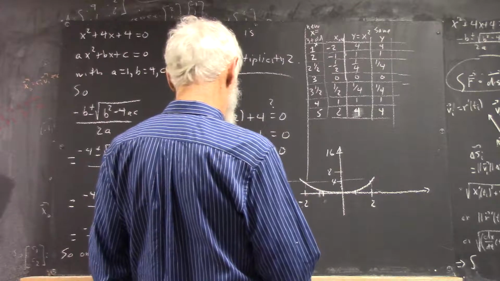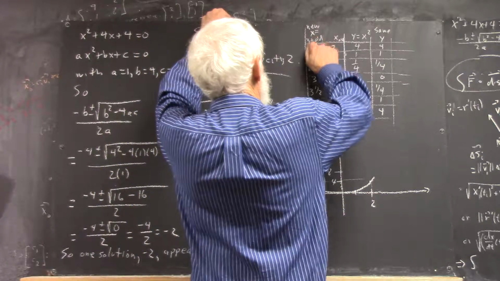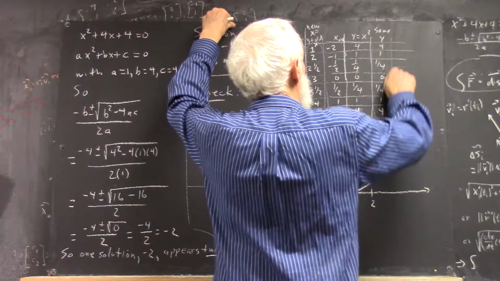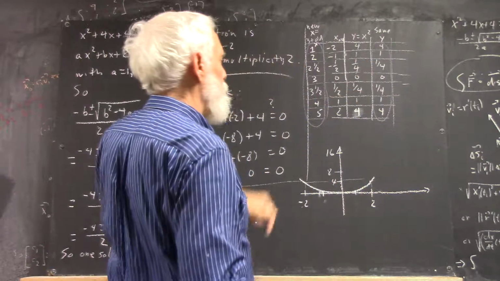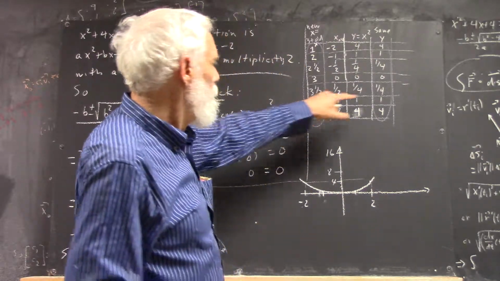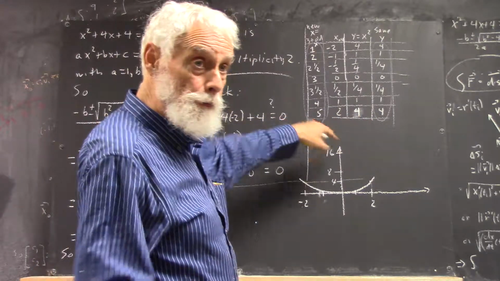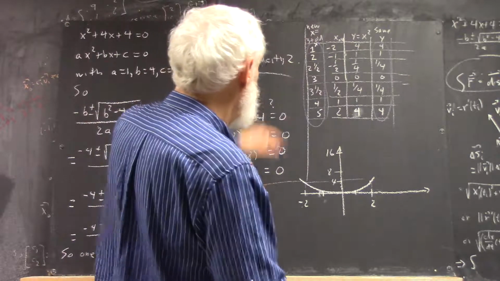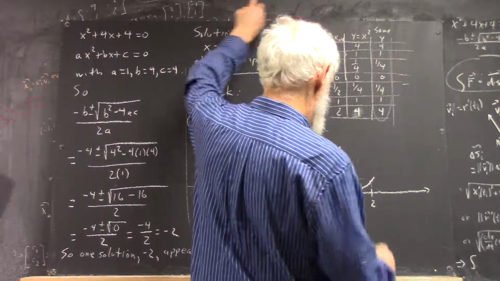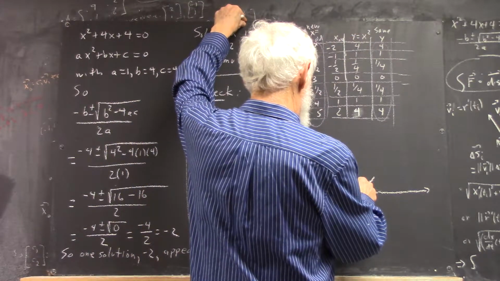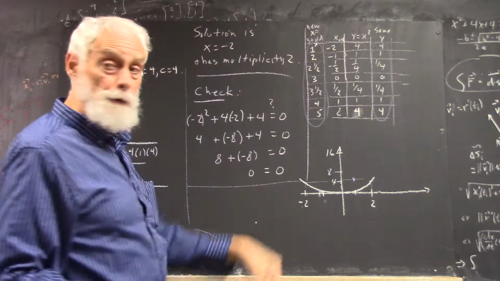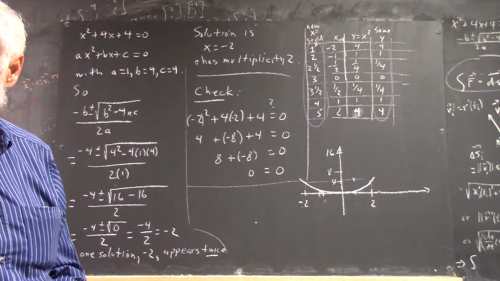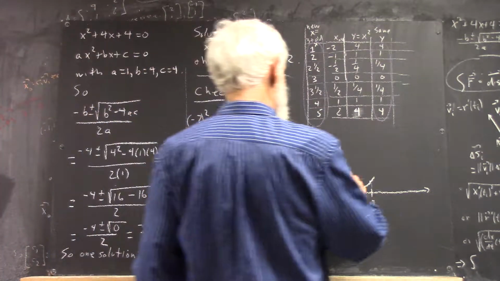Now, I'm going to put a purple curve around these values of y and these values of x, and I'm going to graph this in purple, okay? So my first point is 1, 4. That's here, right? Would you agree that would be the point 1, 4? Okay, so here's the point.